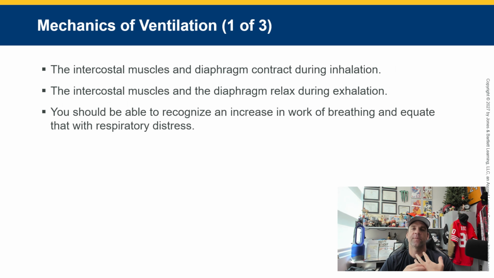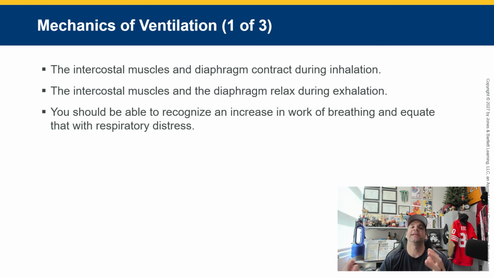Now, breathing itself depends on coordinated changes in chest volume and pressure. During inhalation, the intercostal muscles elevate and widen the rib cage, while the diaphragm contracts and flattens. As the thoracic cavity becomes larger, the pressure inside the chest falls below atmospheric pressure.